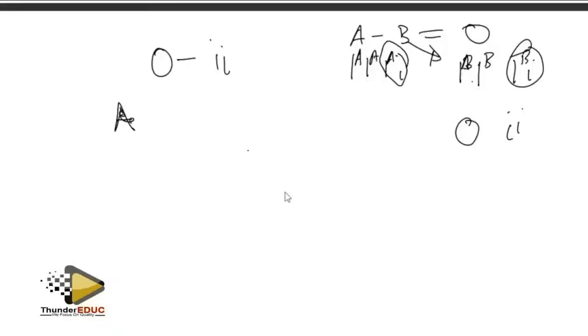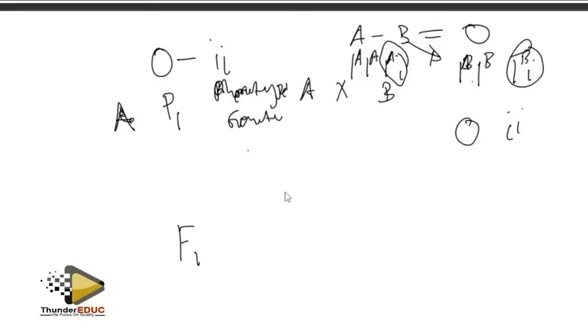So when you talk about the genotype, it is going to be the phenotype. So I'm going to say P1, F1, phenotype, genotype. I'm going to say A crossed with B. And then for genotype, I'm going to say A heterozygous crossing with B heterozygous.